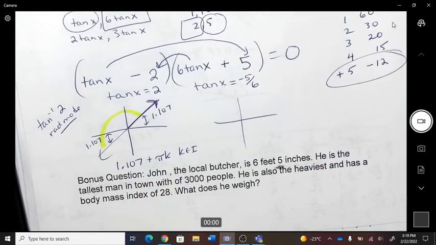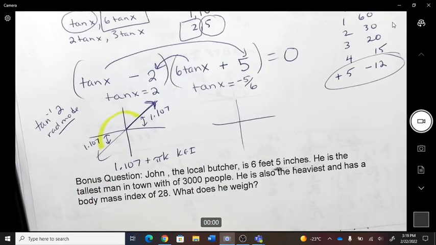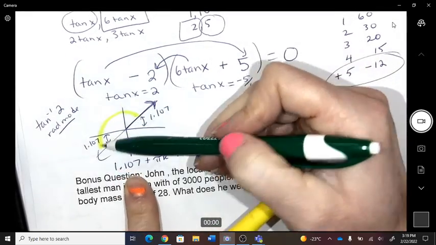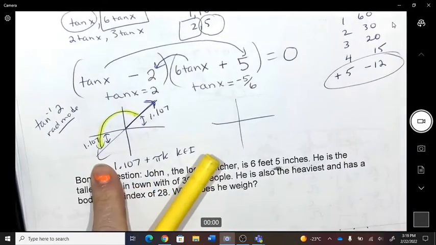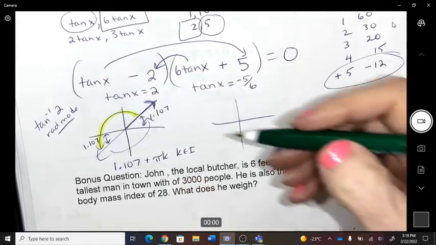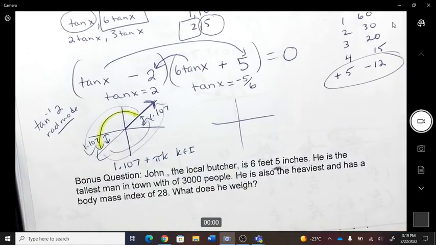This only works with tan because tan is exactly 180 degrees away from each other, because they're across. So if I take this angle and rotate pi, I get to another answer. If I rotate another pi, I'm at another answer. If I keep rotating pi's, all of those angles will work.